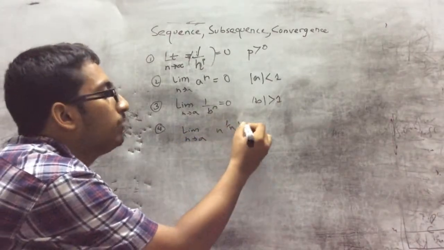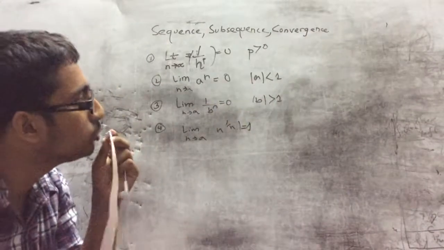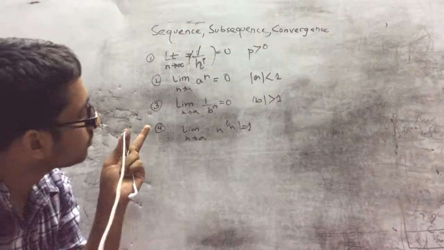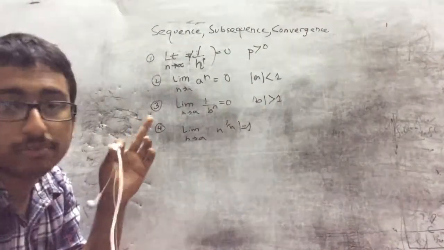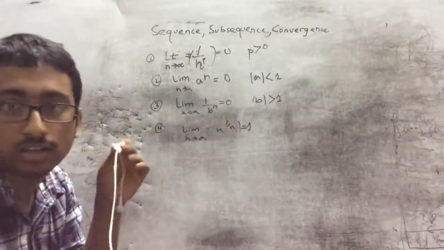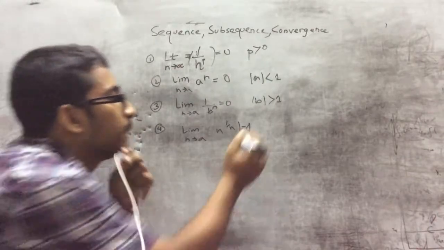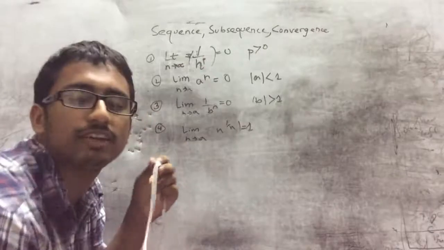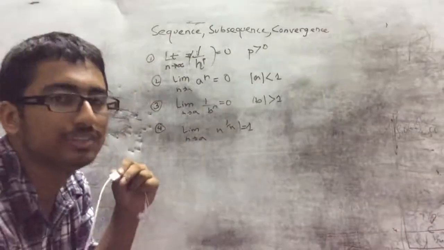We have provided the proof of these in the previous video, in the description section, so you can also see them, or you can try yourself and leave the proof in the comment section.